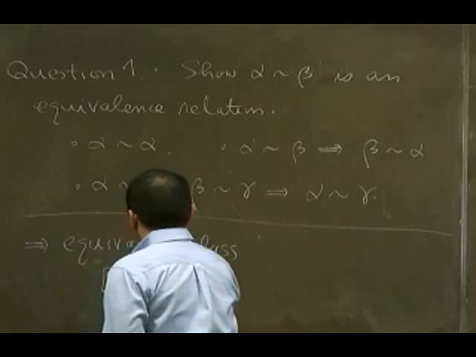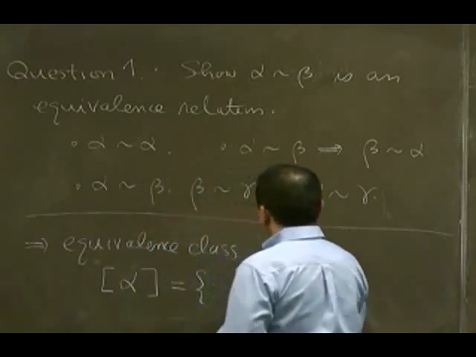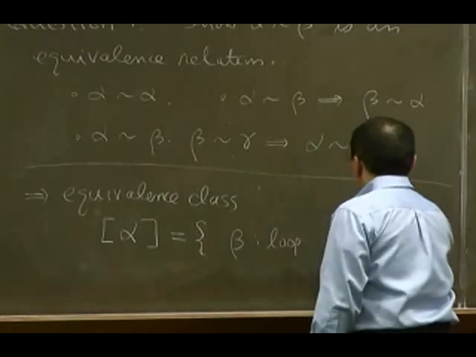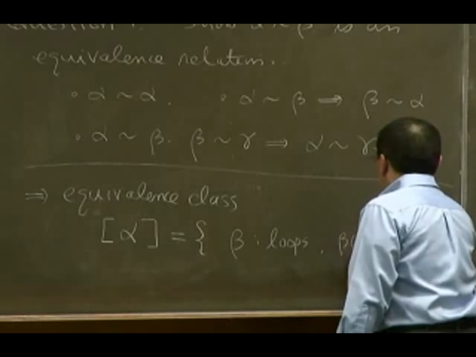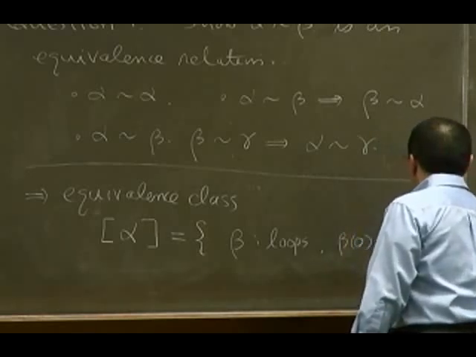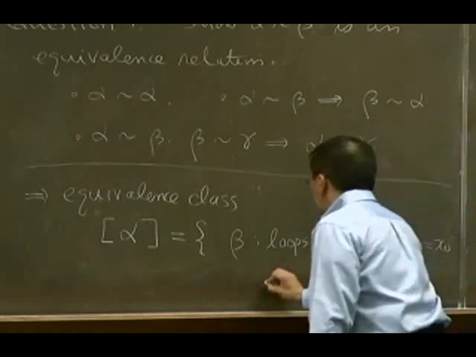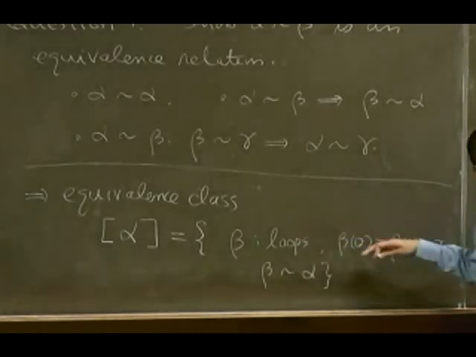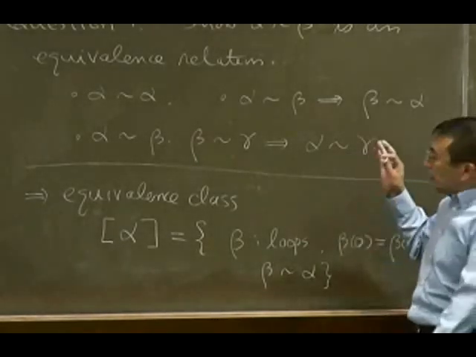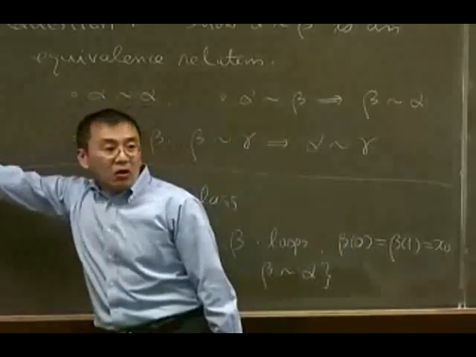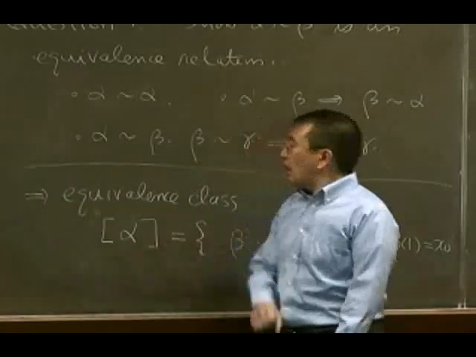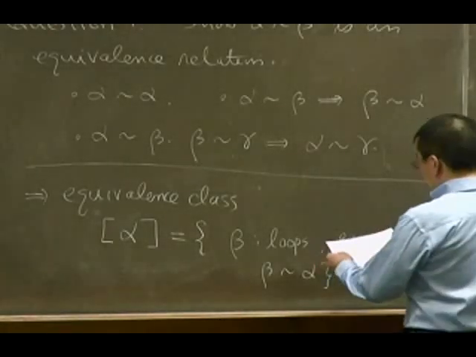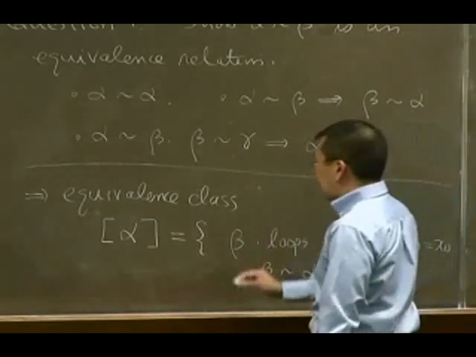In particular, the equivalence class of alpha is defined to be all the closed loops starting and ending at the same point, such that beta is homotopic to alpha. Okay? So if we have equivalence classes, we can classify the space of all such loops into equivalence classes, and these are called homotopy classes. Each of these is called a homotopy class.